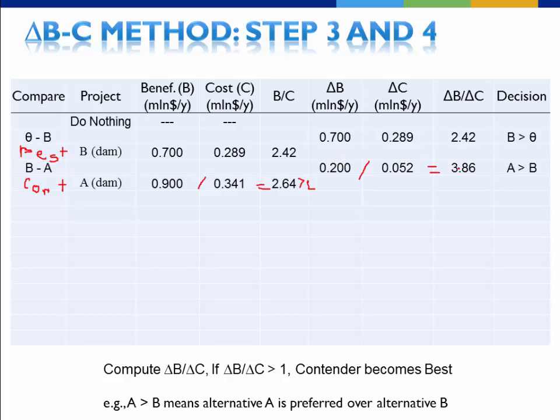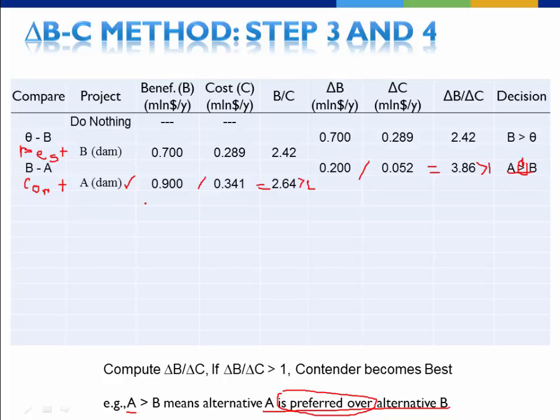So again, when we do this ratio, if the incremental benefit over the incremental cost is greater than 1, in this case A, then A is preferred over alternative B. What this means in the context of this analysis is that A is preferred over B, as I'm mentioning there. Okay, so our new best is option A.